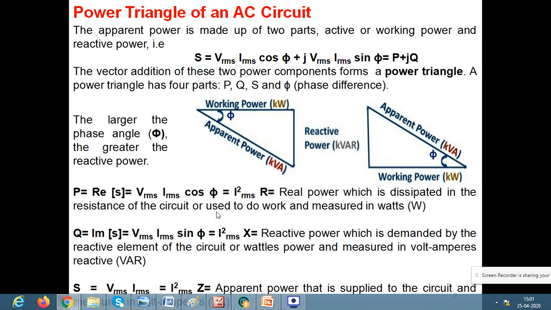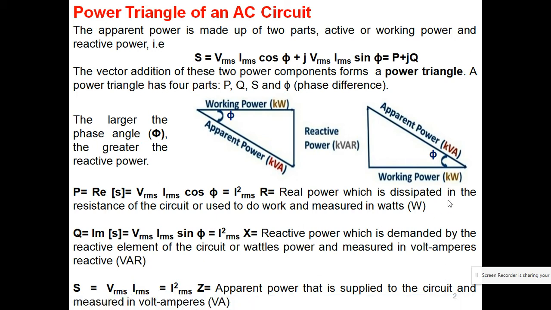This power is also known as the wattless power, and it is measured in volt amperes reactive, that's why we write VAR.